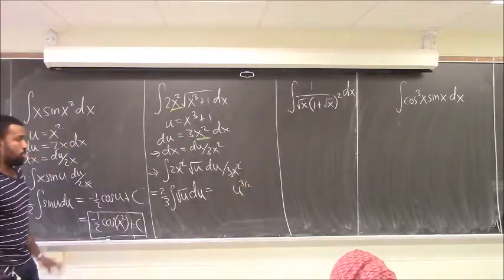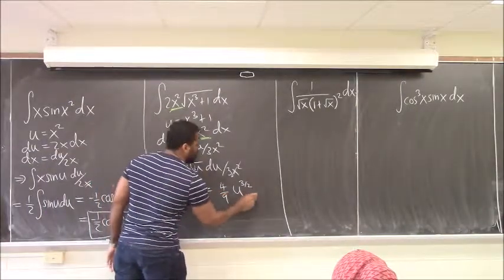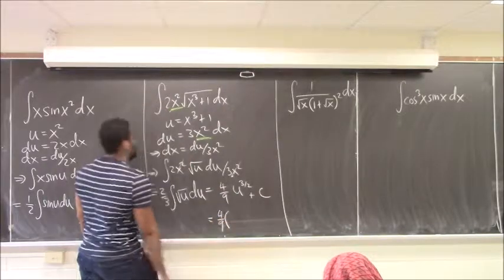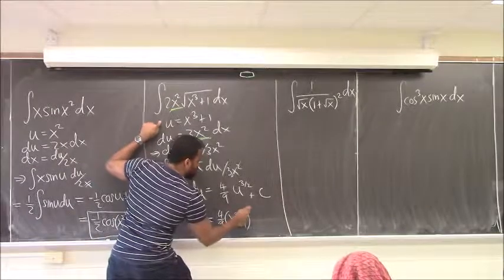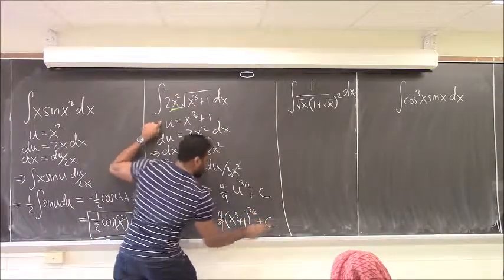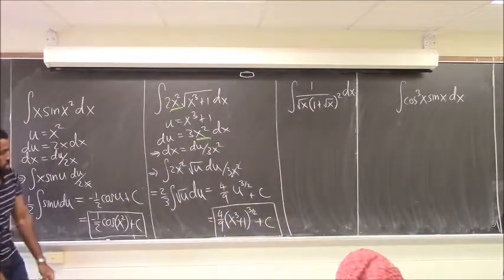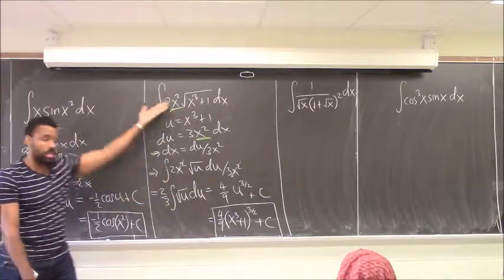Divided by the new power, you multiply that by 2/3. Ultimately, you get 4/9. So this is 4/9 times x cubed plus 1, to the 3/2. And again, you can always check your answer by actually differentiating this. If you differentiated this, you'll realize that you get that.